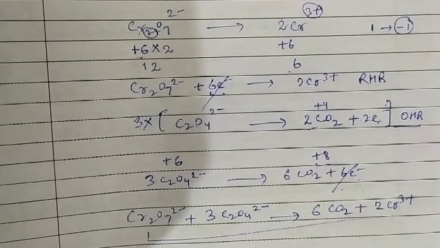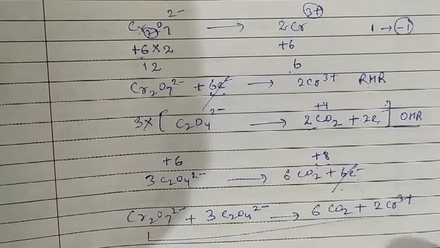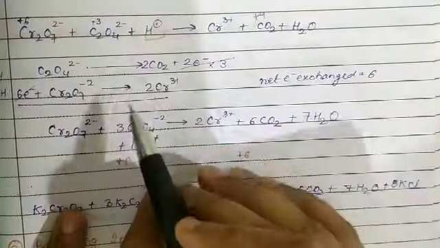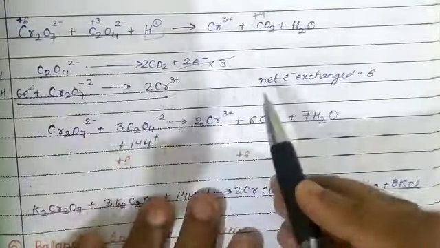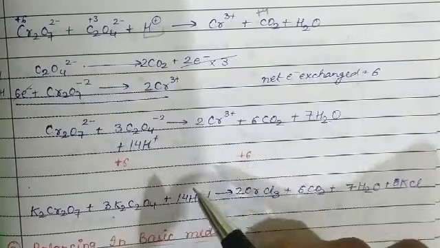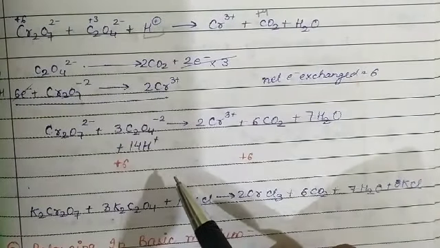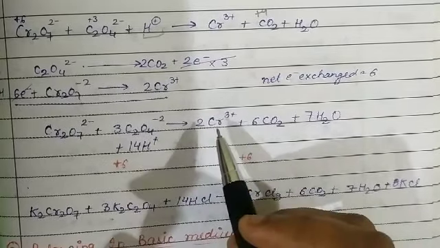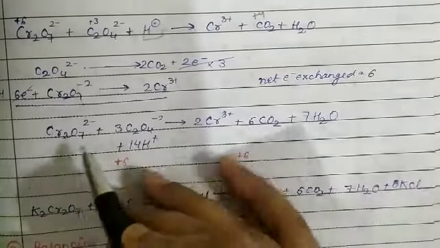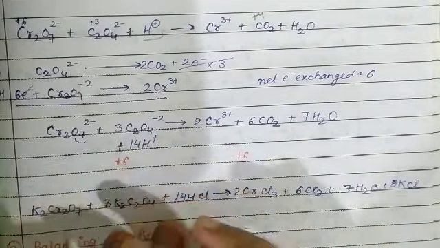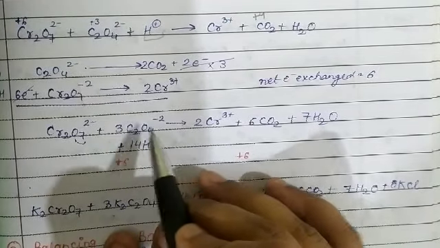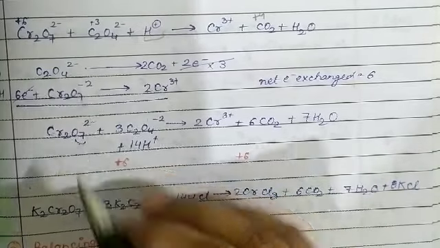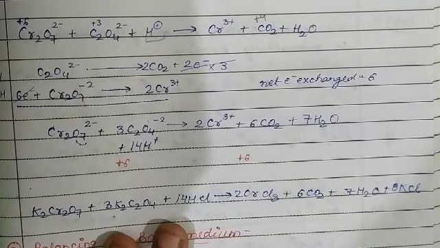Now we will balance the oxygen atoms. So the next step is balancing of oxygen atoms. We can see that 6 electrons and 6 electrons cancel out. For balancing oxygen atoms, we use water molecules. 7 oxygen atoms plus 3 times 4 is 12, so 12 plus 7, 19 oxygen atoms are on the left hand side.